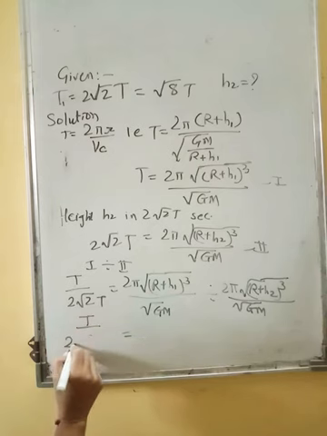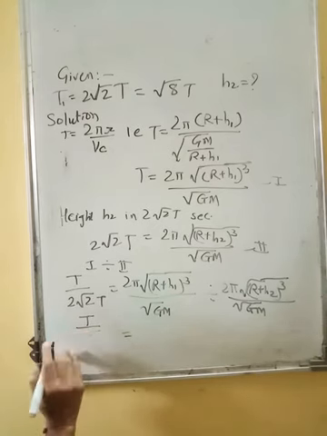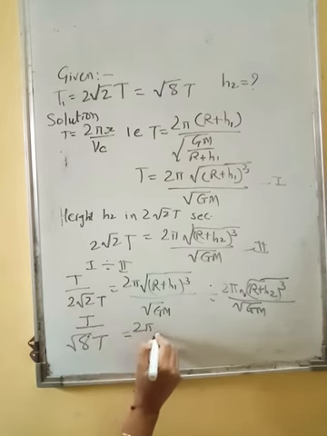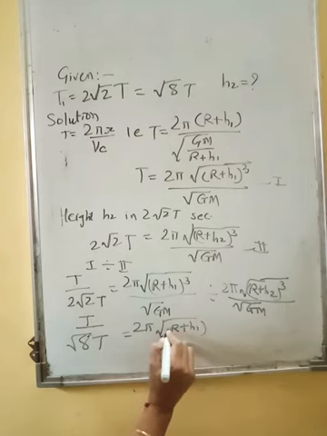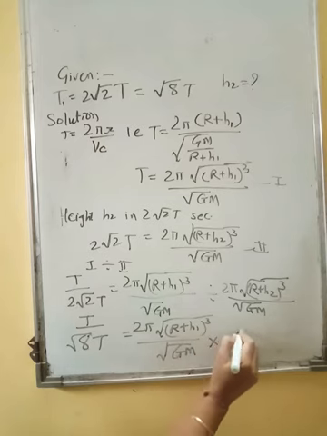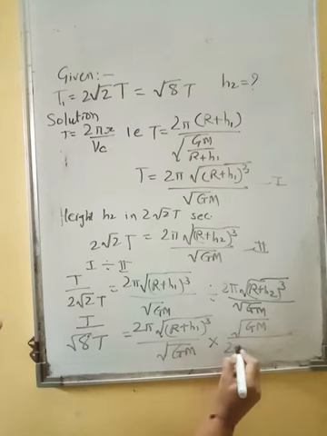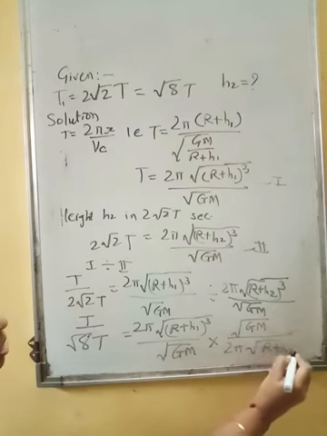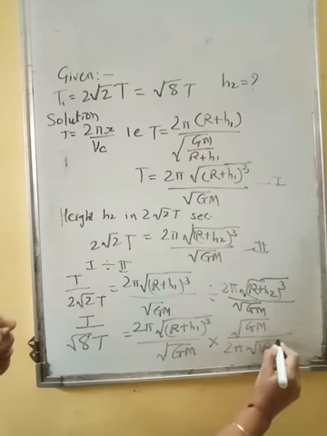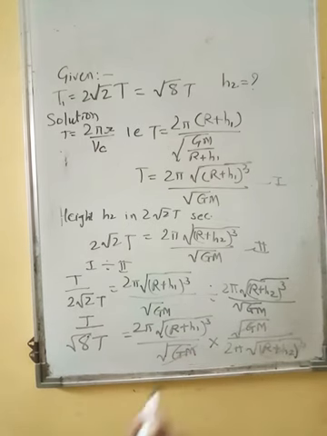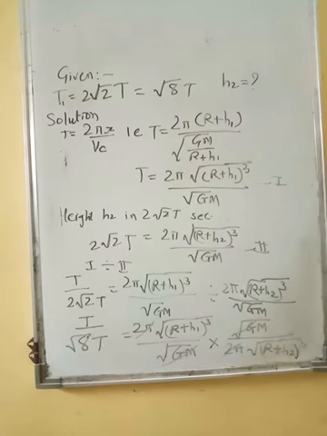So t upon 2 root 2 t, यहाँ पे root 8 लिख दूँ. तो यहाँ पे क्या है? 2 pi square root of (r plus h1) the whole cube upon square root of gm multiplied by square root of gm upon 2 pi square root of (r plus h2) the whole cube. क्या क्या कैंसिल होगा? ये square root of gm कैंसिल हो गया, 2 pi कैंसिल हो गया, right?